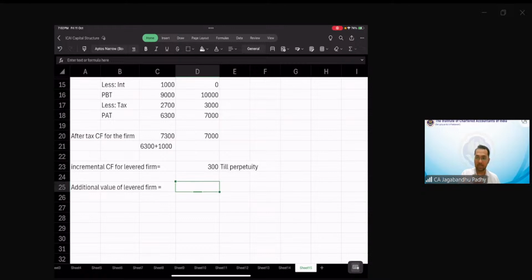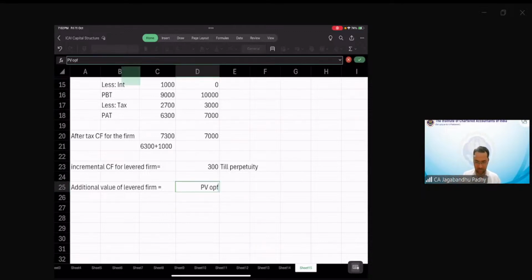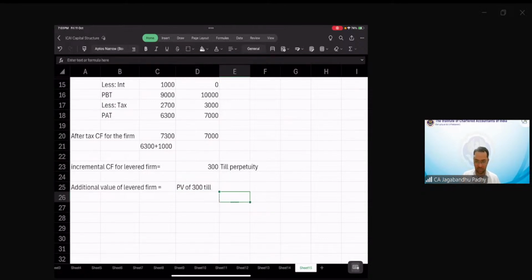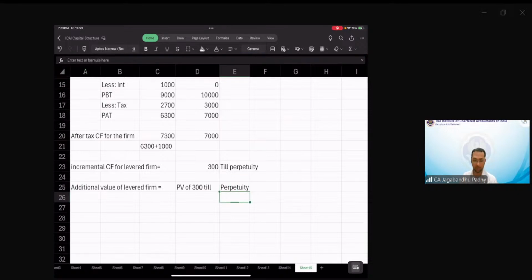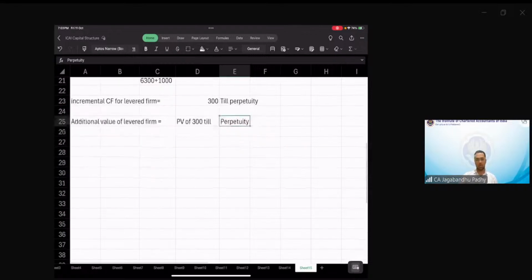Can I say this 300 till perpetuity is due to the tax saving, due to the interest? So I'm going to take the present value of 300 till perpetuity. So the additional value of the levered firm will be simply the present value of 300 till you reach perpetuity. Now, how do we work out this additional value?